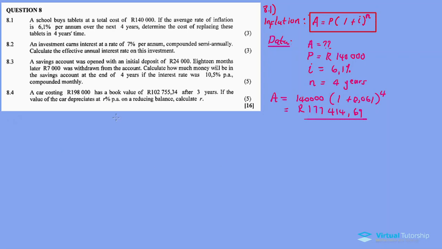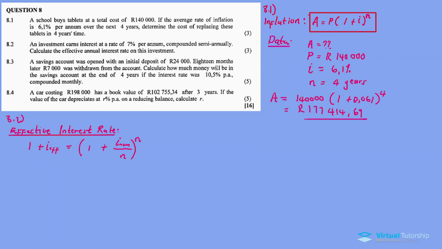So how do we calculate it? In 8.2 we want to calculate the effective interest rate. So 1 plus the effective interest rate equals, in bracket, 1 plus the nominal interest rate over n, everything raised to exponent n. This n represents the compounding period for the nominal interest rate.